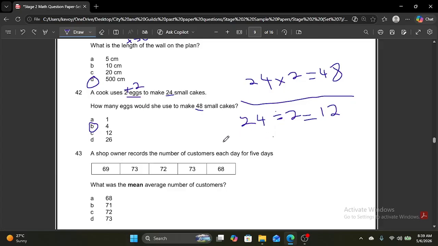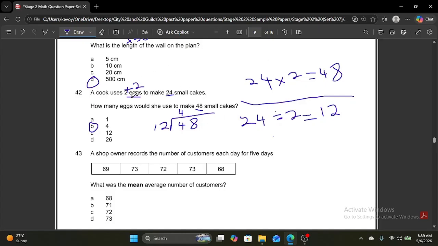So since one egg can make 12 cakes, you divide 48 by 12, and that is also 4. So if you wanted to use both methods, then you can.